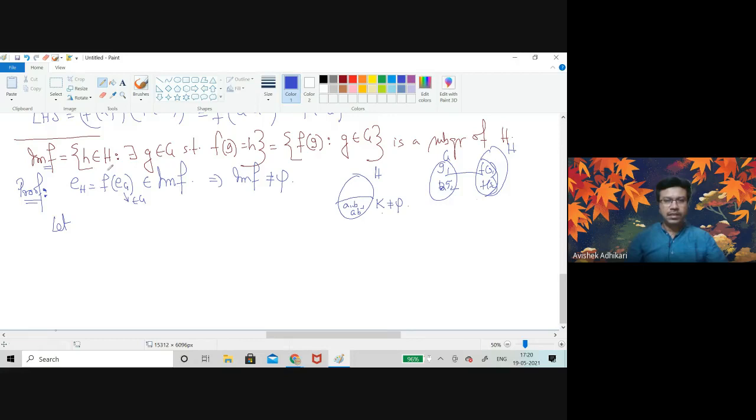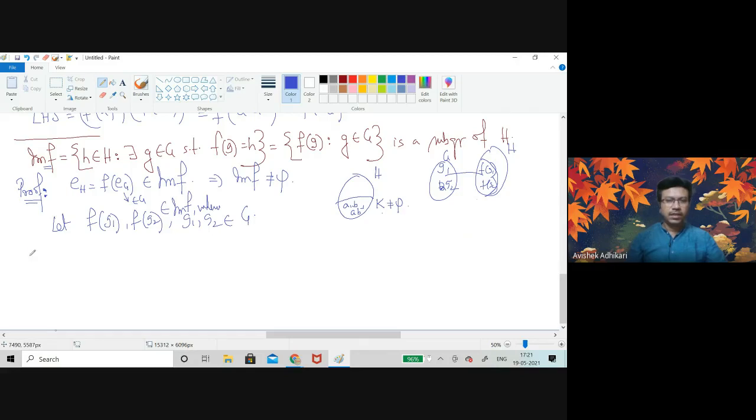Let the elements look like this: f(g1), f(g2), which belong to the image of f, where g1, g2 is from where? It should be from G.